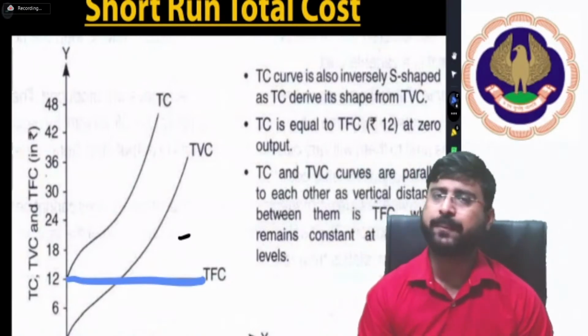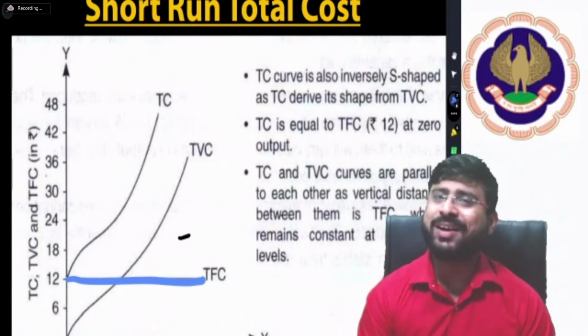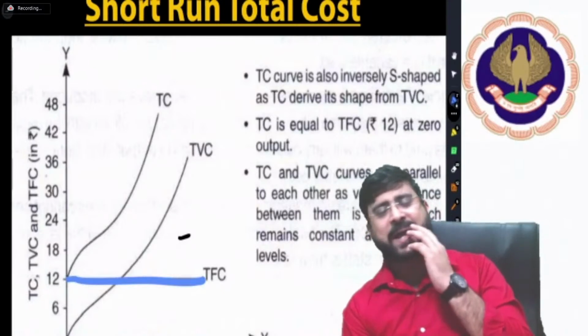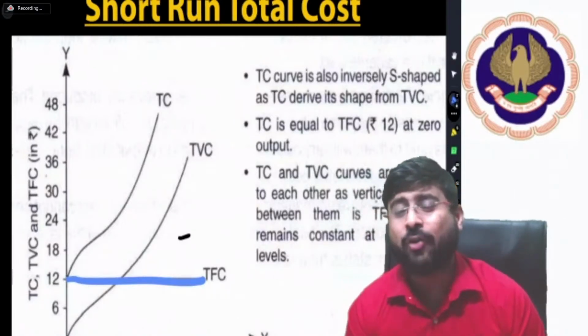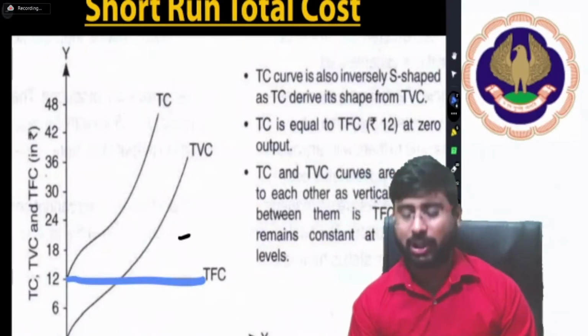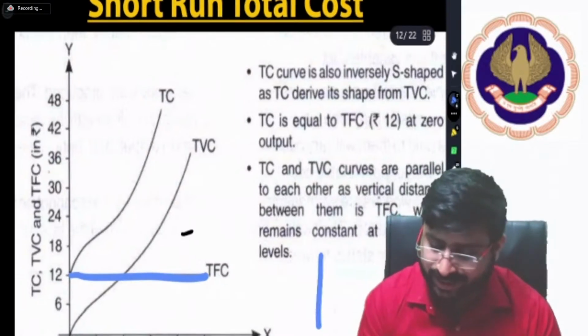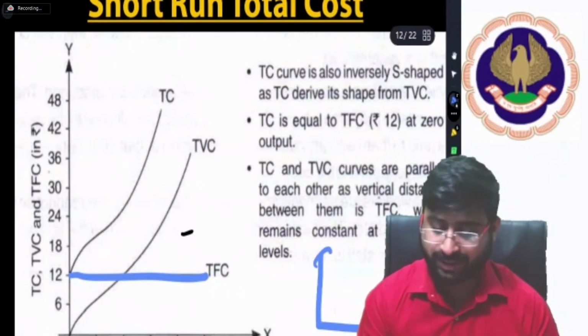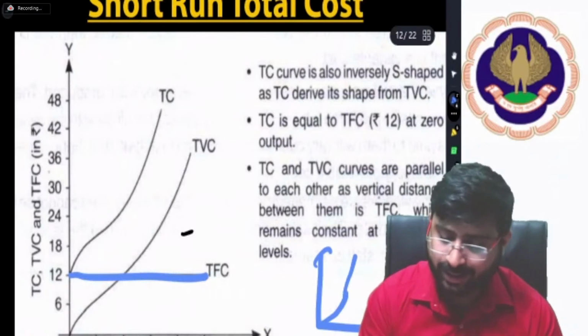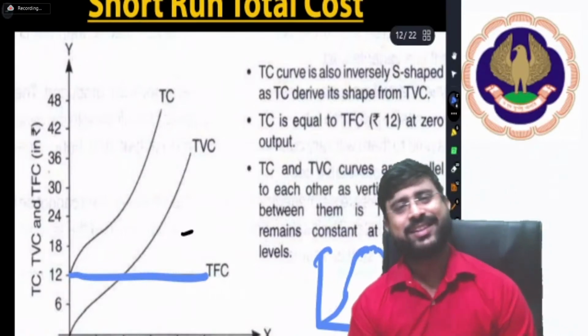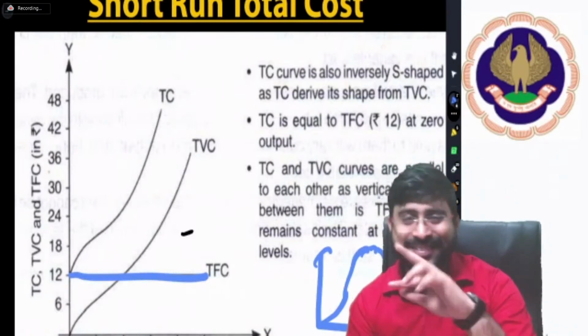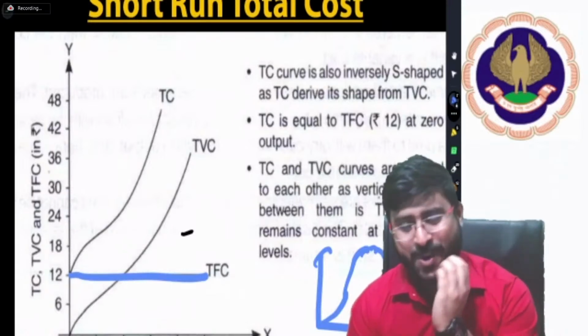Now how many of you remember the diagram I told you to revise, of total product under the law of variable proportion? Yes, sir, we remember this. It was like an S-shaped curve. TVC is inverse S. You know why?